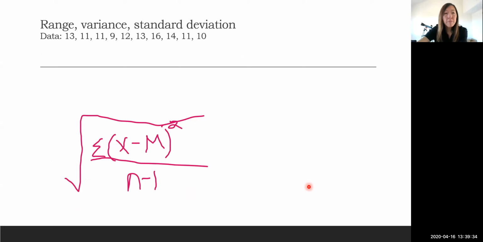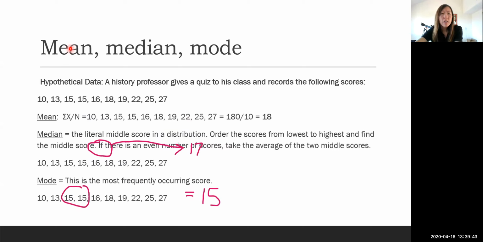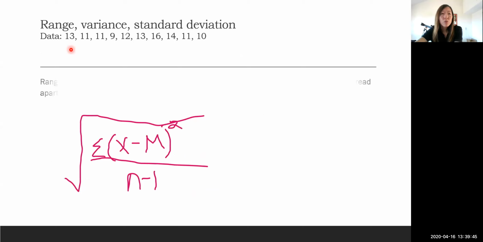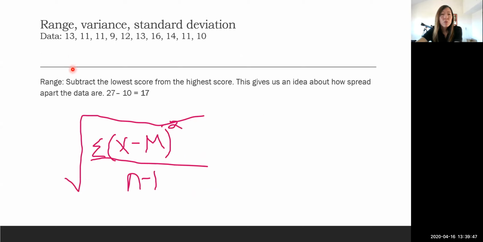Okay, so now we're going to move to the range, variance, and standard deviation. So let's just forget this. These are not the data. We're going to use the data that we had used before.